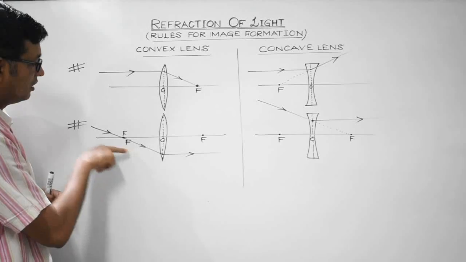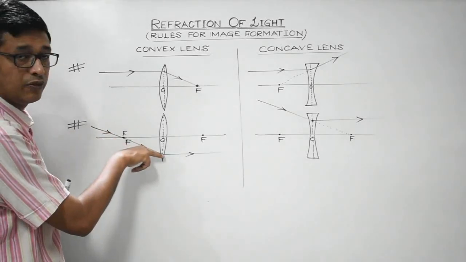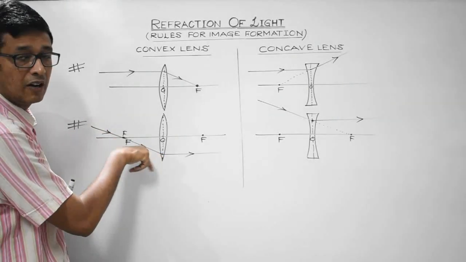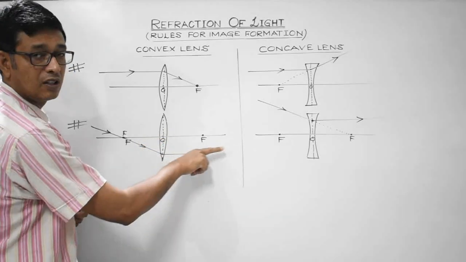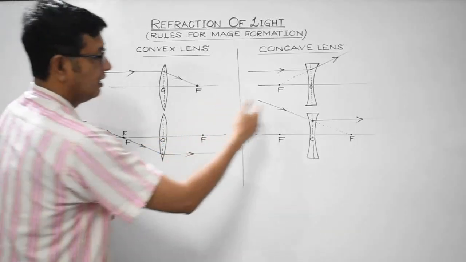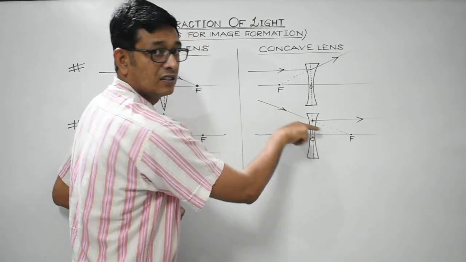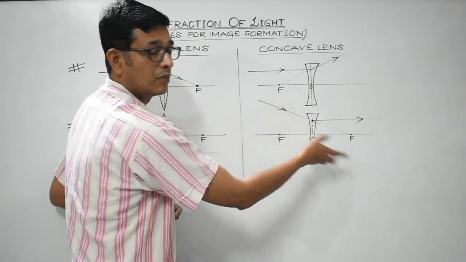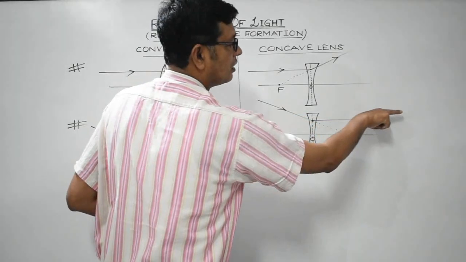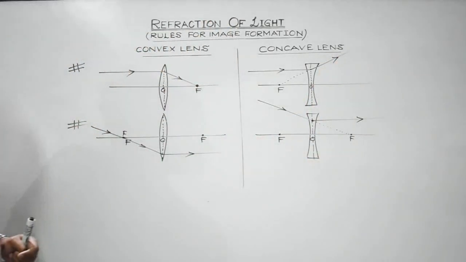The rule number 2 is, incident ray passing through the focus, after refraction, becomes parallel to the principal axis, right? In this case, the incident ray which tends to pass through the focus, after refraction, becomes parallel to the principal axis. So that's rule number 2, right?